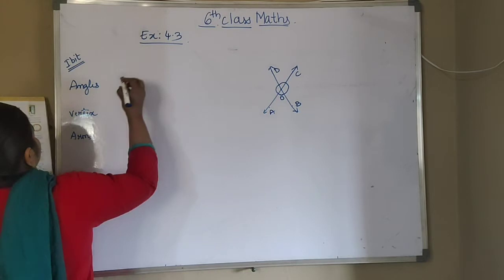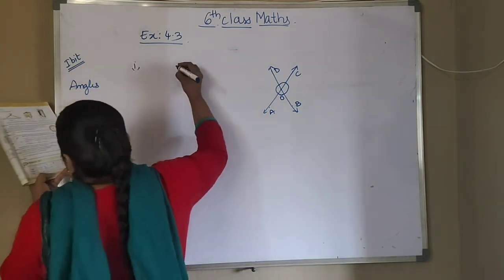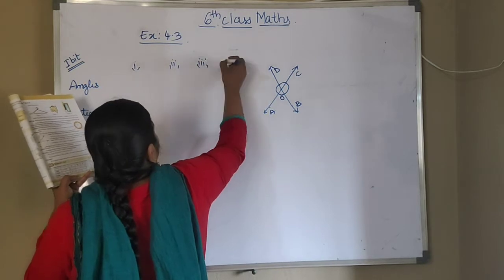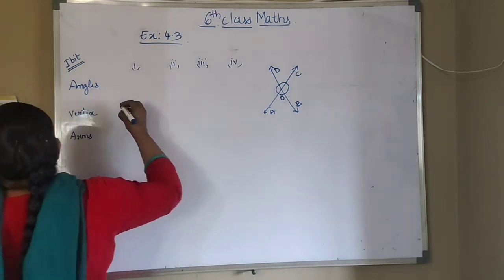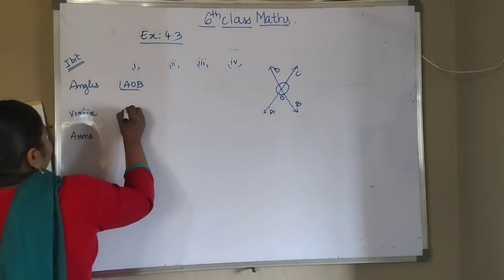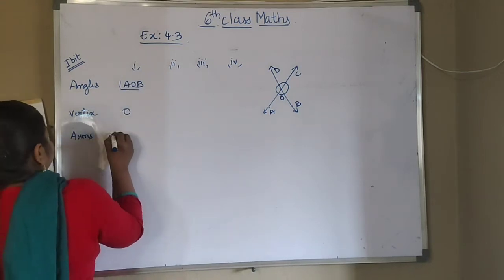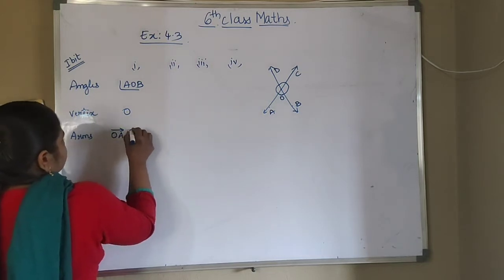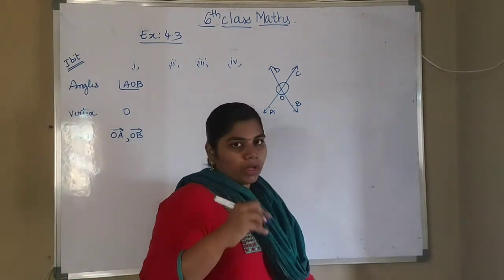So for example, they have given one column. So remaining columns we have to fill. So first one they have given as angle AOB. Vertex is O and arms are OA and OB arms. So they have given only one column there.